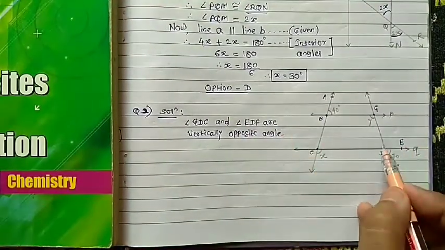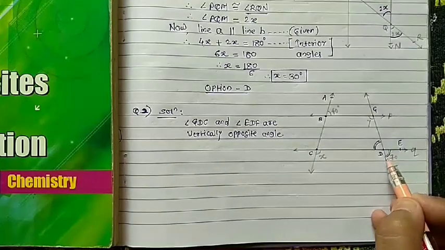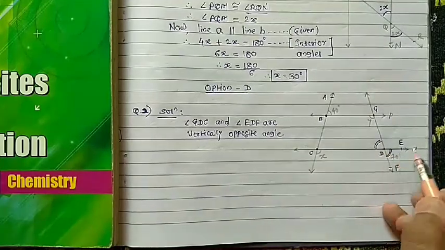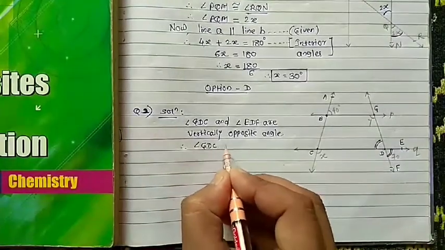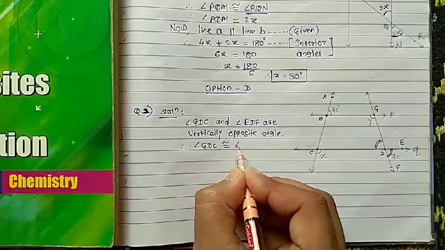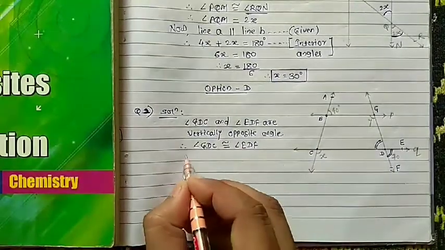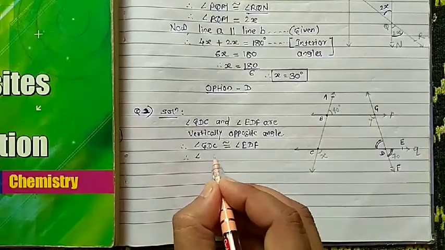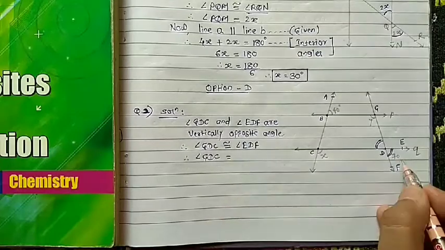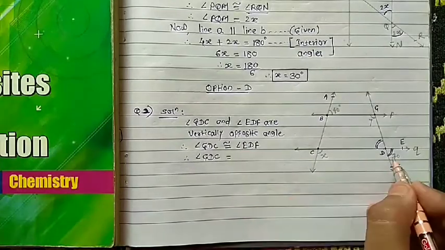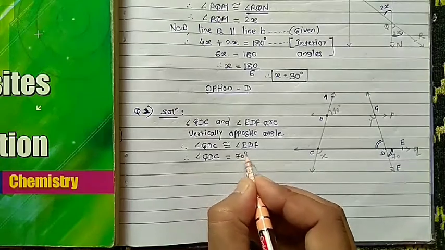And vertically opposite angles are always congruent. So these two angles are congruent. So therefore angle GDC is congruent to angle EDF. So angle GDC, congruent means equal, and EDF, the measure of this angle is 70 degrees. So it is equal to 70 degrees.